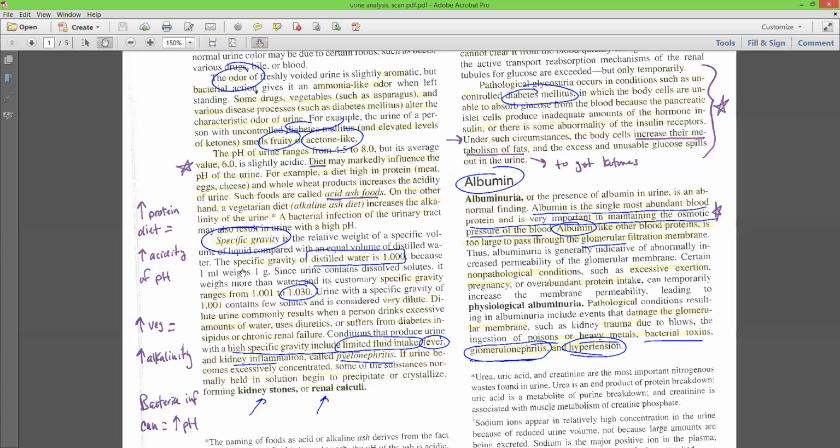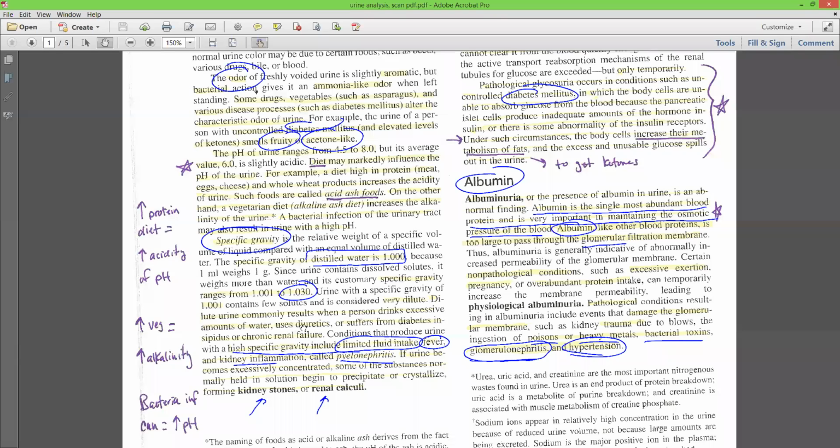So the specific gravity of urine can be anywhere from 1.001 to 1.03. Okay, so just a little bit heavier than distilled water. So the bigger your number, then likely the more dehydrated they are. Okay, and so if you see a very high number, you're like, well, this is indicating dehydration, you should drink more fluids.